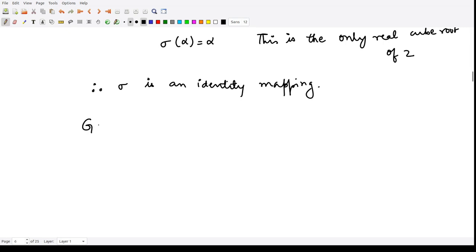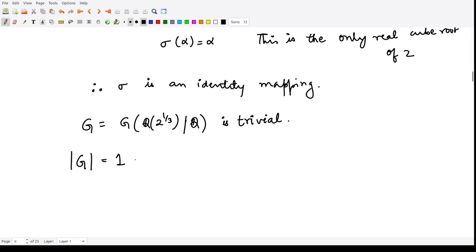So this group of automorphisms for this field Q, where 2 to the power 1 by 3 has been adjoined to this Q, is trivial. So that means it is the same as the lower field. And so what would be the order of this group G? Its order would be 1, which is quite less than 3.